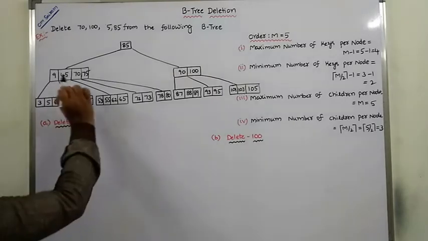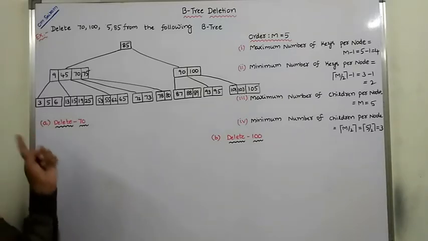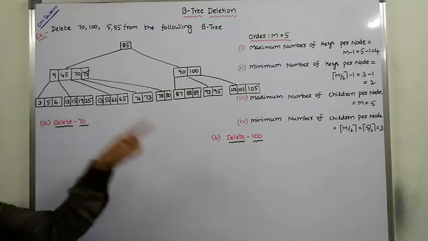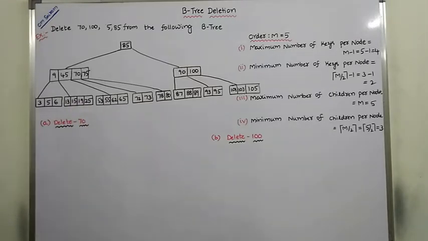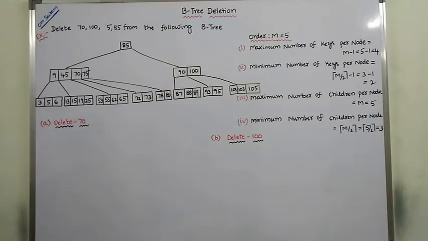The target key element 70 is replaced with either the in-order predecessor or the in-order successor of that node. In-order predecessor means the maximum element in the left subtree. In-order successor means the minimum element in the right subtree.